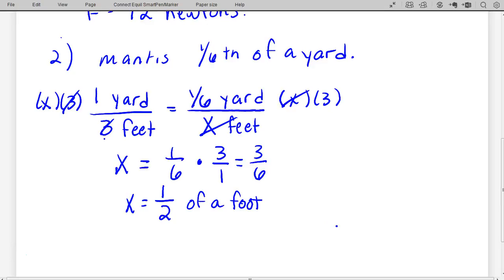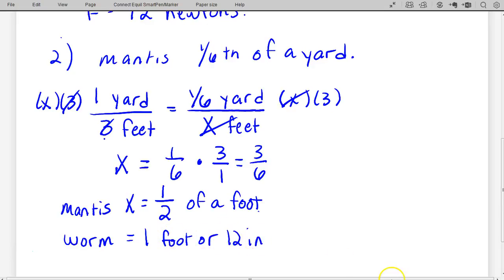Okay, and then let's just in our head change that to inches, since we have a conversion from inches to centimeters. And I think the question was asking how long is the worm in centimeters. The other thing we know is that the worm is double the size of the mantis. So the mantis is 1/2 of a foot, then the worm is 1 foot, or we know that that's exactly 12 inches, right?